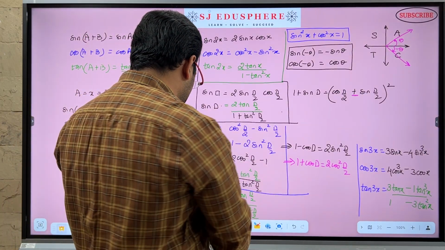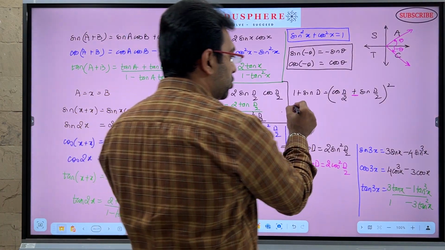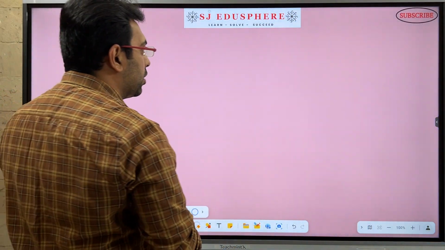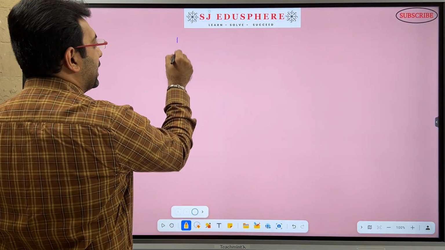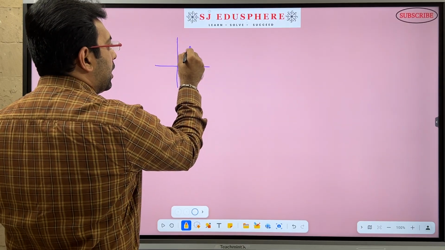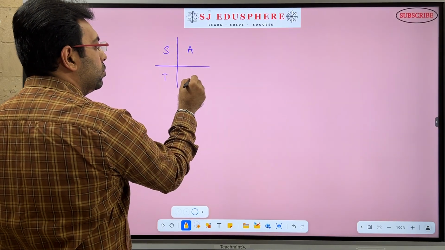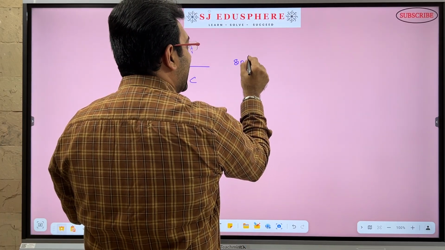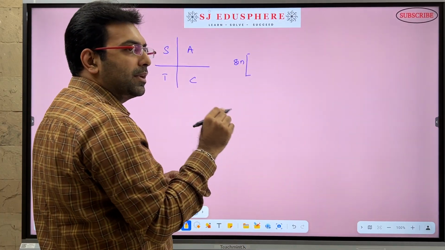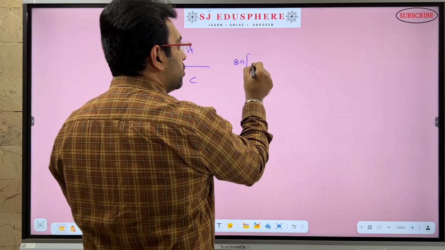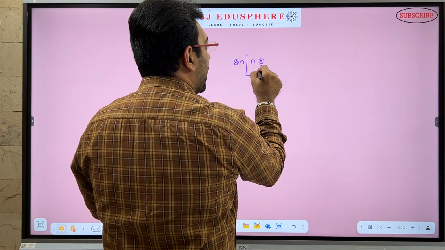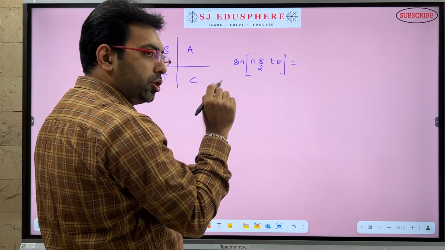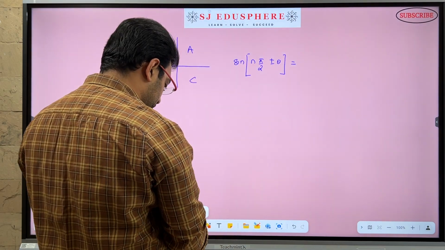The last leg which I want you to know is your quadrant rule. When I talk about the quadrant rule, I am again saying add sugar to coffee. If I tell you to give me any value, I will express it in the form of 90. So sine n pi by 2 plus minus theta. You have to ask yourself two questions.